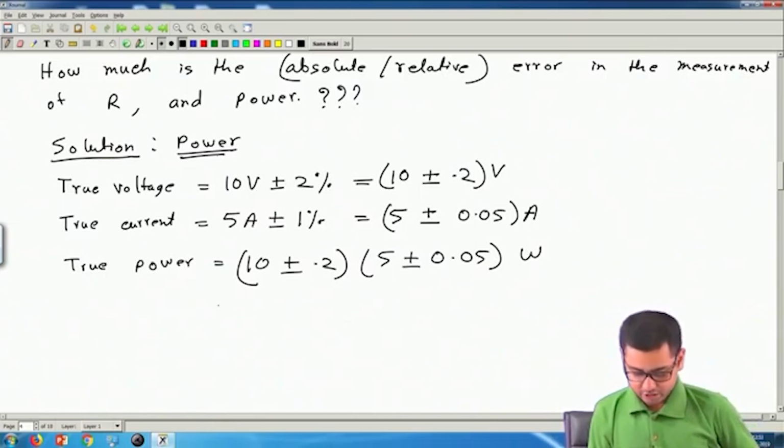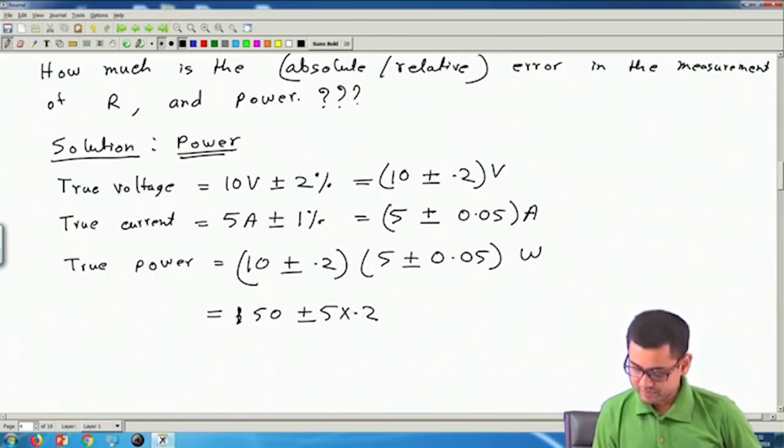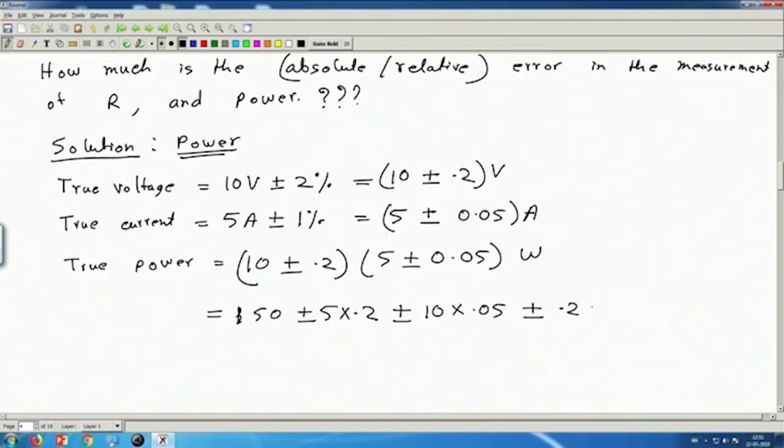Okay. So now we can write this as 10 times 5 is 50, and then plus minus 5 into 0.2, and then plus minus 10 into 0.05, and then these two terms plus minus 0.2 and 0.05.